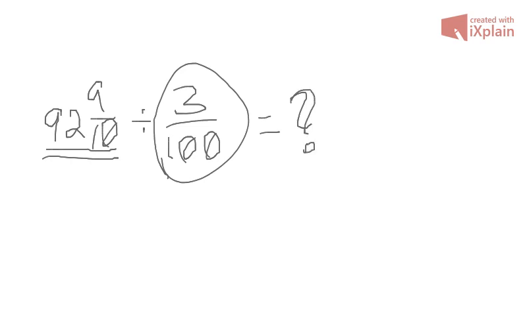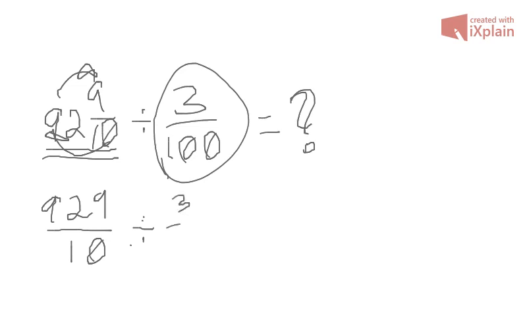Of course, we still have to start by converting our 92 and 9/10 to an improper fraction. So 10 times 92 plus 9, the answer to that is going to be 929 still over 10 divided by 3/100. Then we're going to multiply it times the multiplicative inverse of this number.